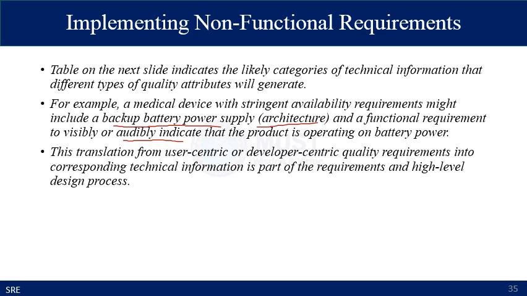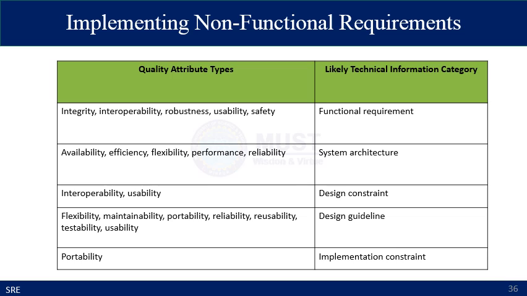And in the achievement of the functional requirement, you can say you are indirectly achieving a non-functional requirement. This translation from the user-centric or developer-centric quality requirement into the corresponding technical information is part of the requirement and high-level design process. And the table on the next slide indicates the likely categories of technical information that different types of quality attributes generate.